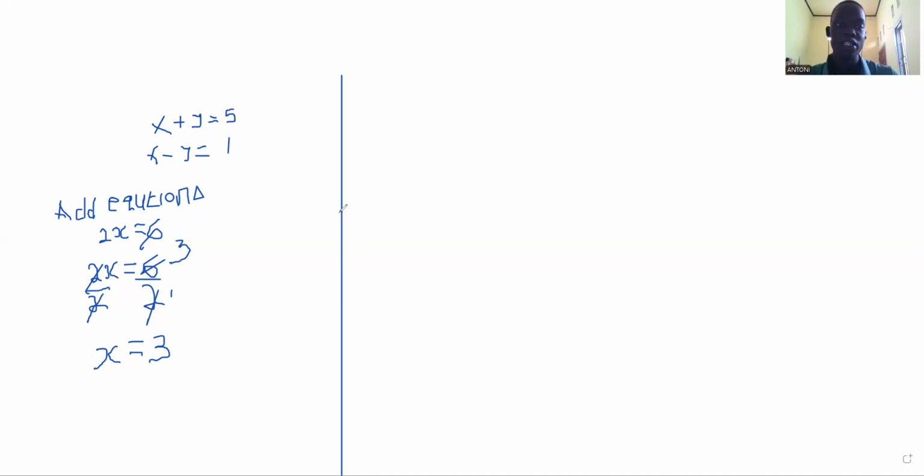So now x is equal to 3, let's substitute it into the second equation to get the value of y, so we can get both x and y.